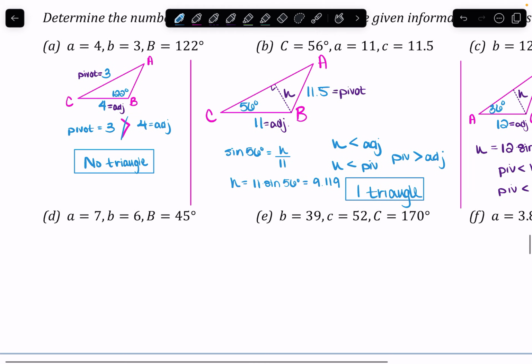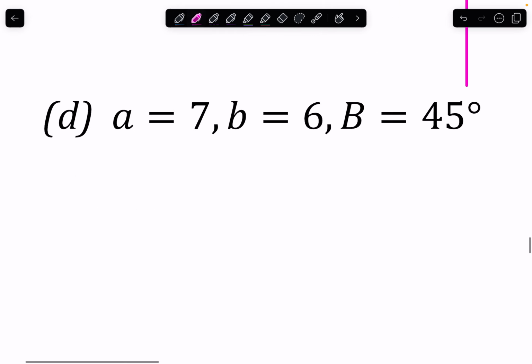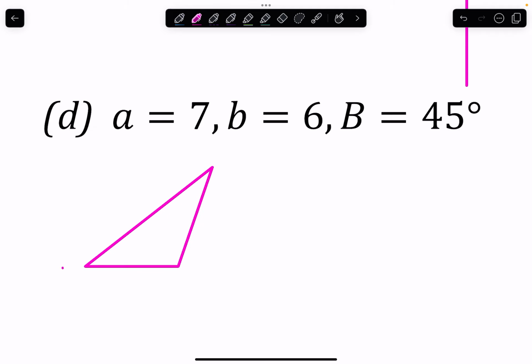All right, D. We'll go with your B, your A, which means your C. All right, side A, 7, side B, 6, angle B, 45. The height we're looking for comes in between the given sides. So here is our height that we need to figure out.